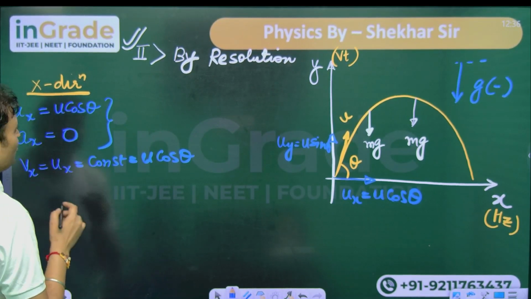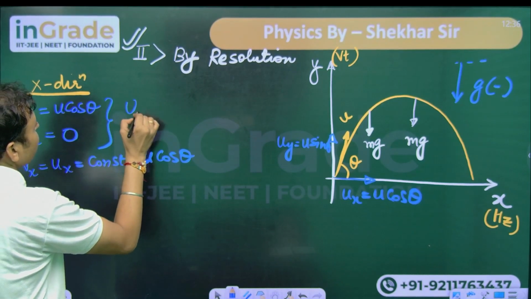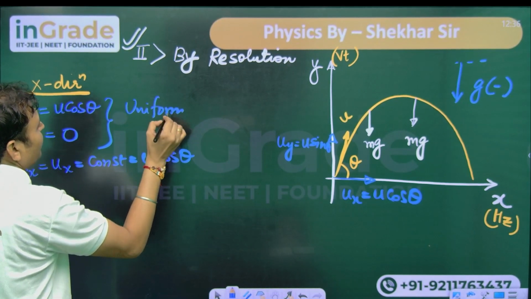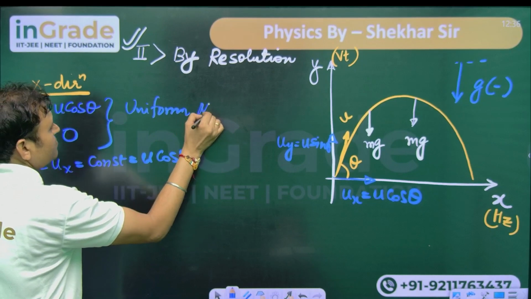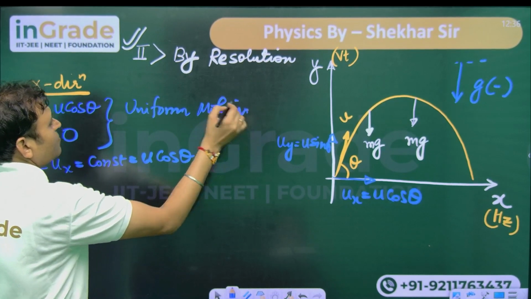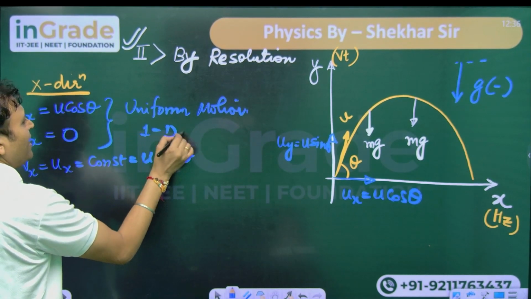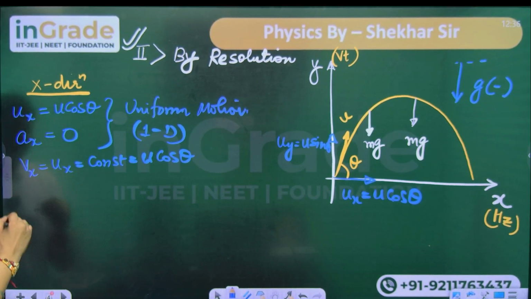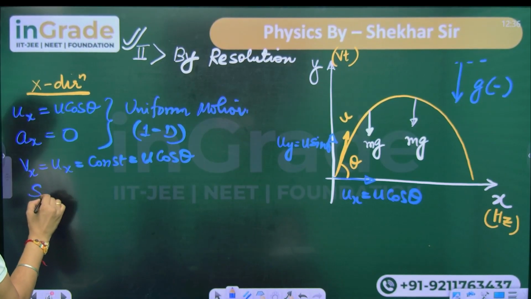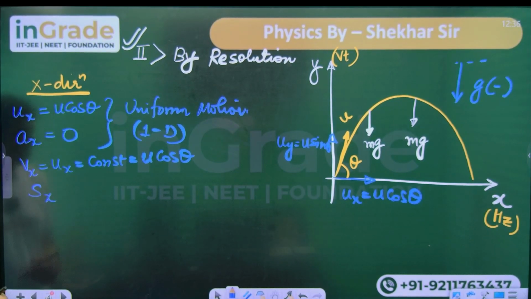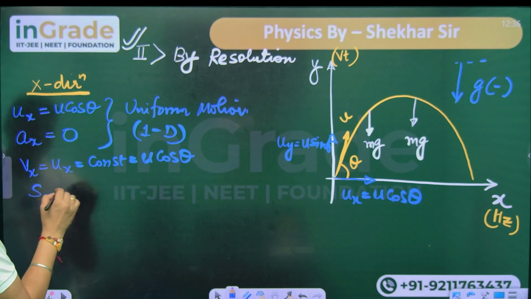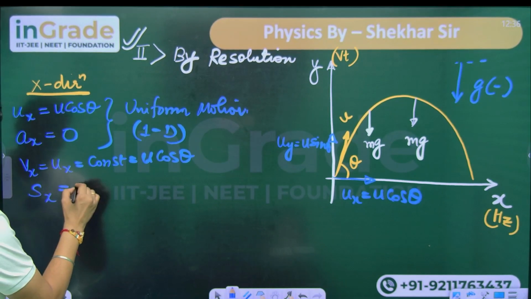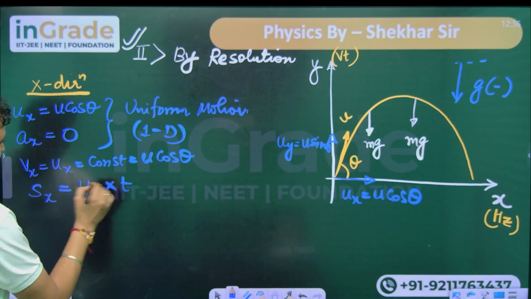This type of motion is known as uniform motion in one dimension. When the motion is uniform, the distance traveled by the particle in x direction is equal to ux into t.